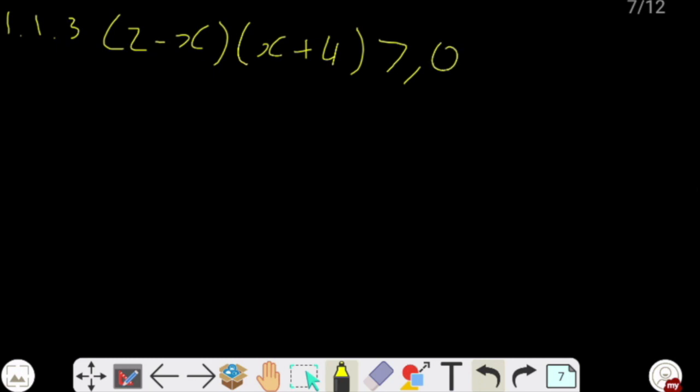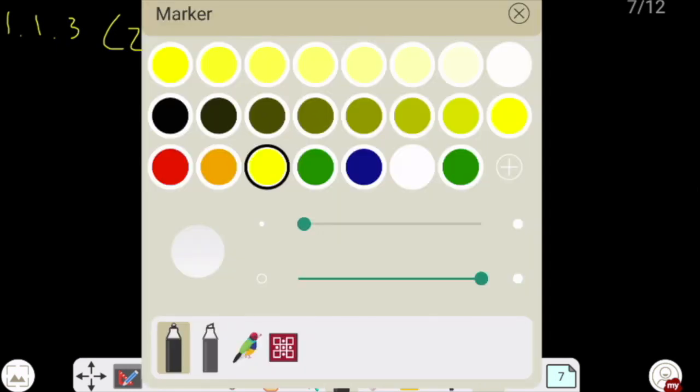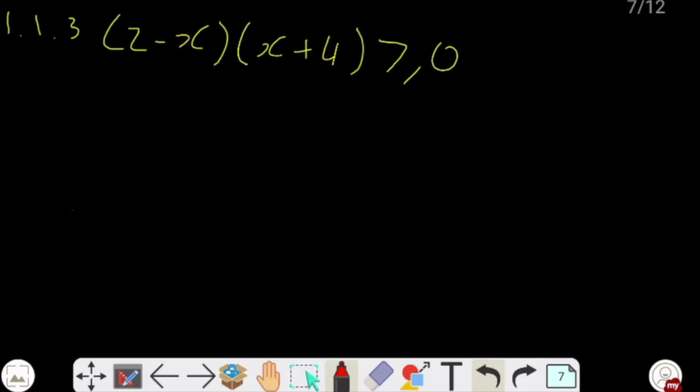Now we are dealing with an inequality, right? Now the first thing that you need to sort out is this negative x here, right? We need to have it positive, so we can get it positive by dividing throughout by a negative, right?